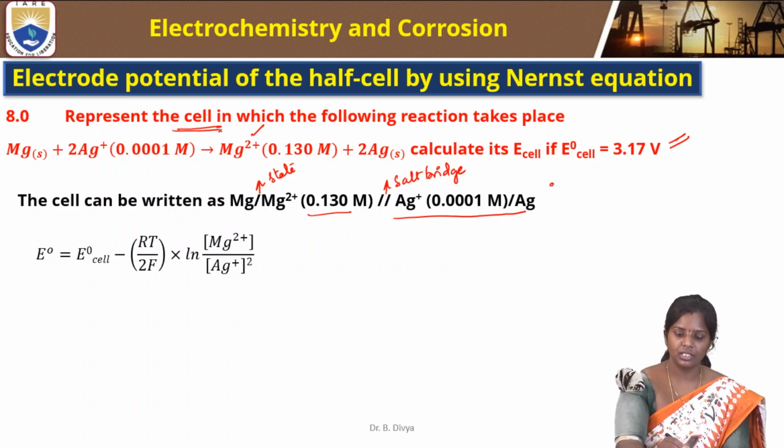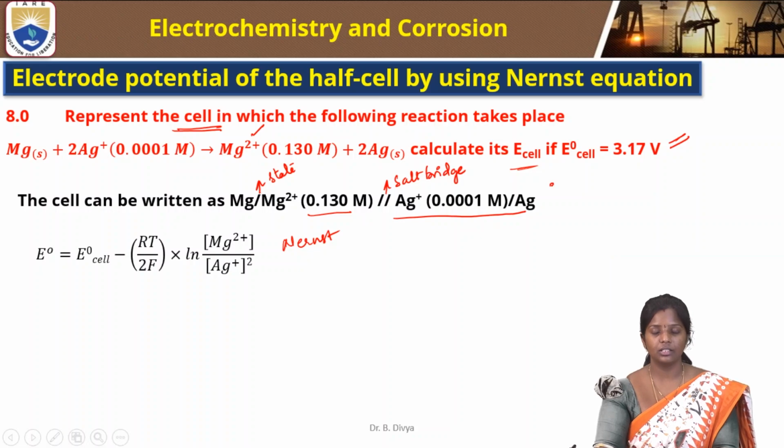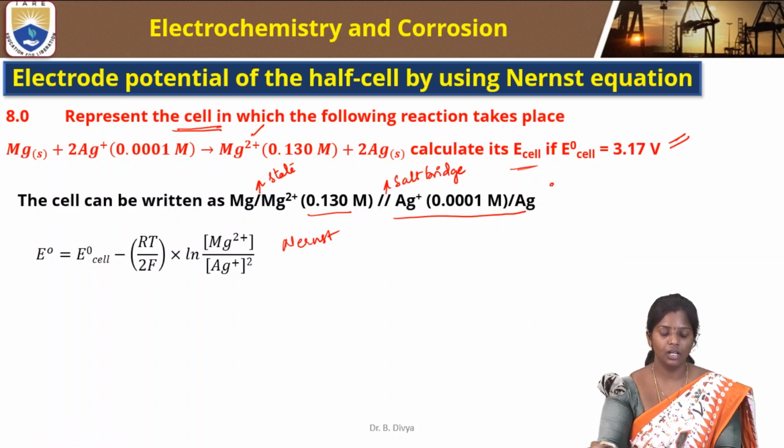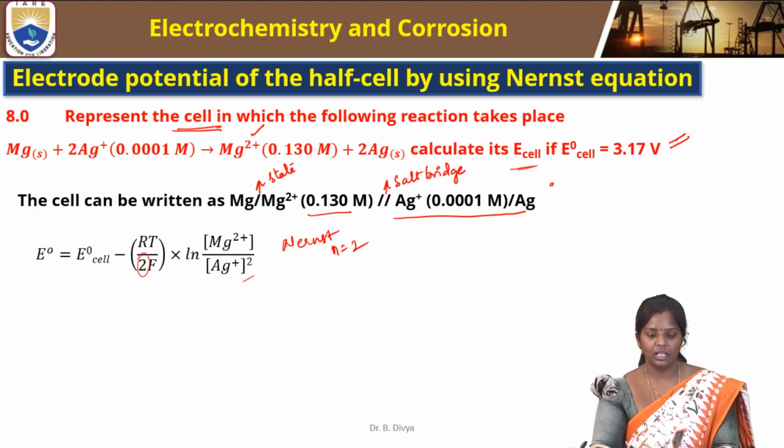We have represented the cell, and now we calculate the E cell using the Nernst equation. The concentrations of magnesium and silver ions are taken into consideration. E = E naught cell minus RT by 2F, with n equal to 2, ln of magnesium ion concentration by silver ion concentration.